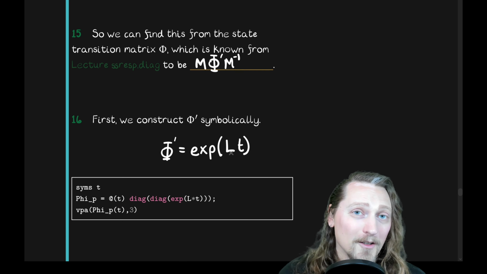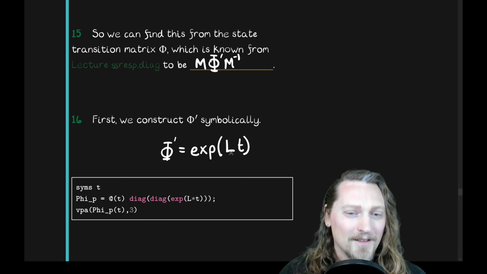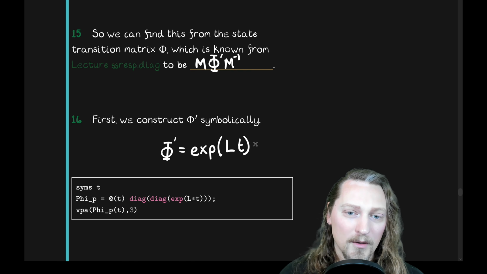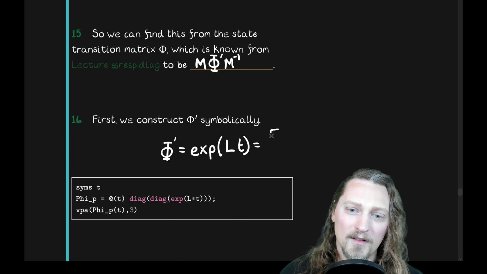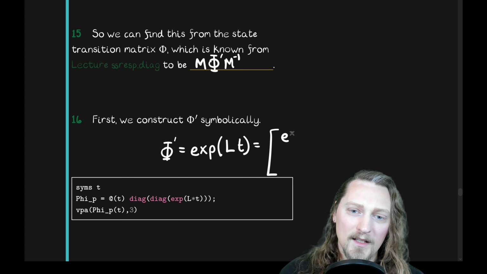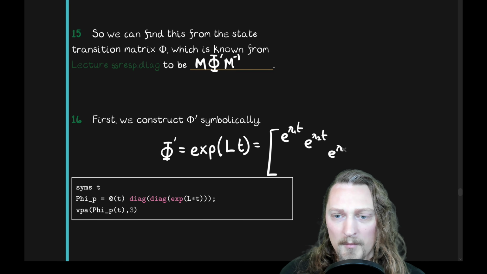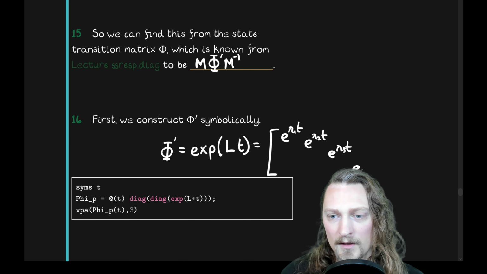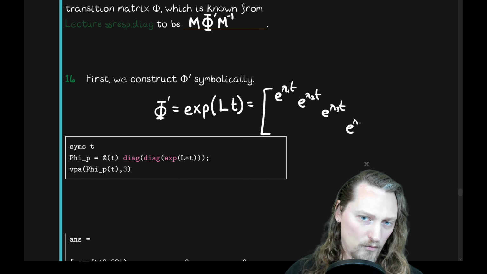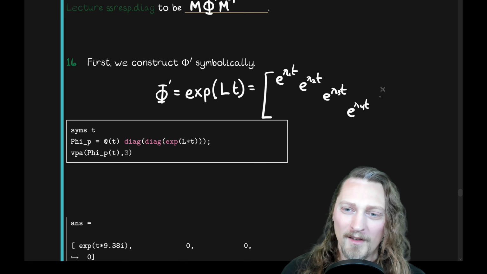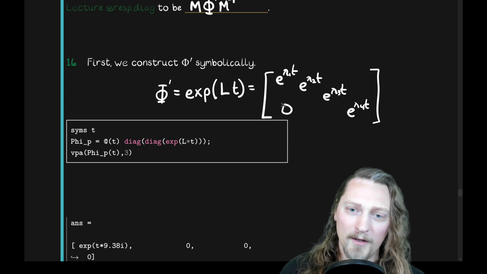This is diagonal, and with a diagonal matrix in the matrix exponential, it's very easy to compute that the diagonal state transition matrix is e to the lambda 1t, e to the lambda 2t, e to the lambda 3t, e to the lambda 4t, and zeros elsewhere.